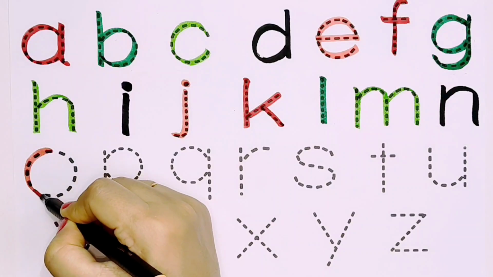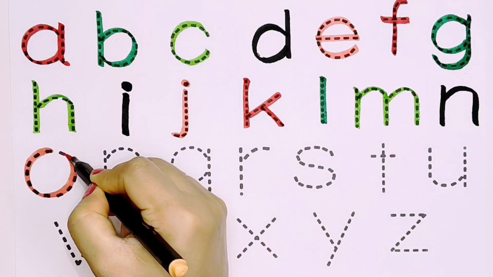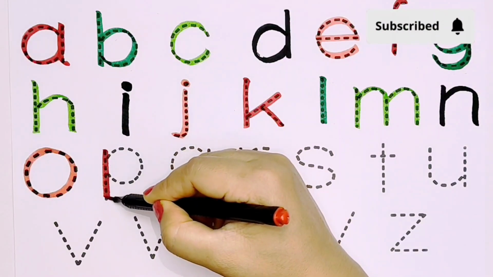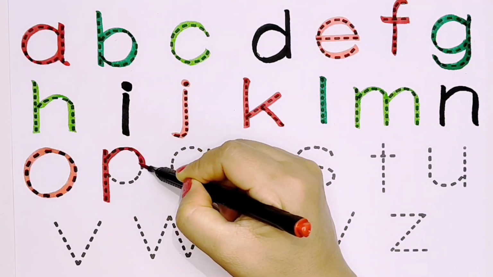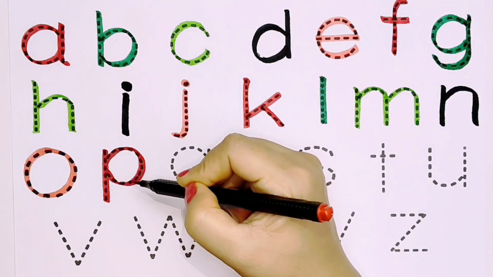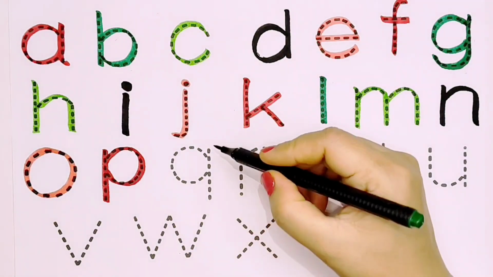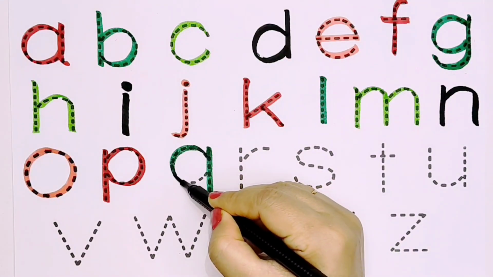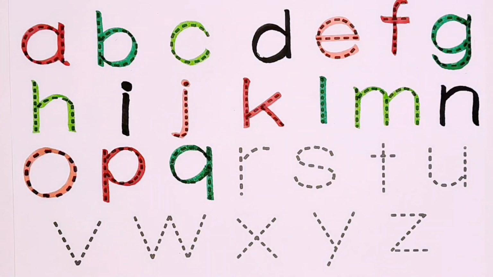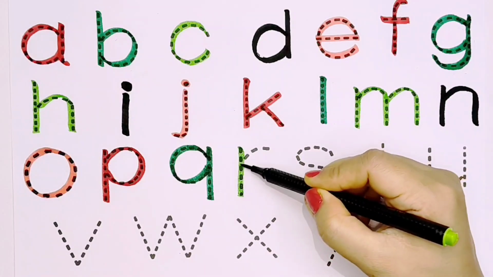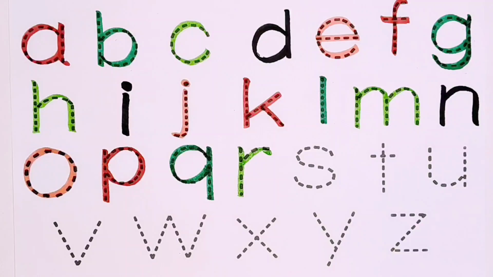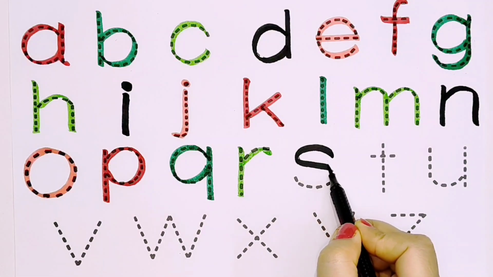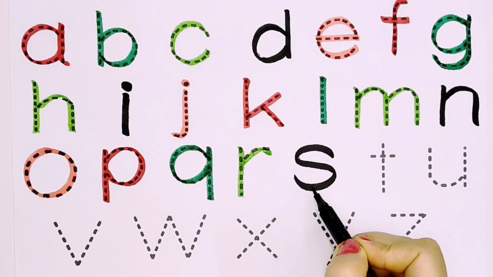O for orange. P for pencil. Q for quiet. R for rainbow. S for sun.